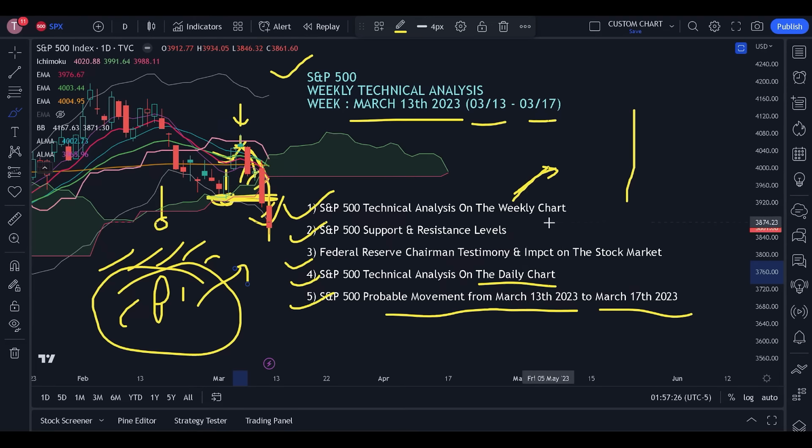So guys, before I discuss the S&P 500 technical analysis on the weekly chart, I want to clear this thing, that this S&P 500 weekly technical analysis is not financial advice of any kind, in any form or in any manner. This analysis is not about any trade setups.